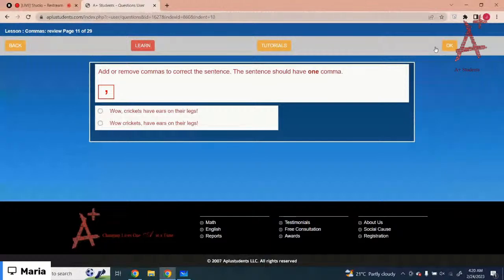Option number one is the correct option. You don't need to put a comma after the cricket. Got it? Okay, you can complete the test by yourself later today.